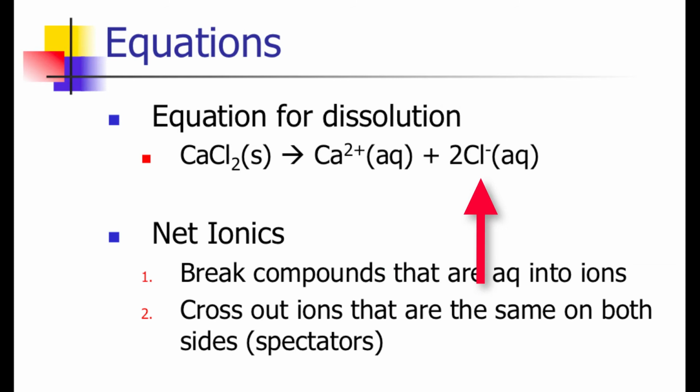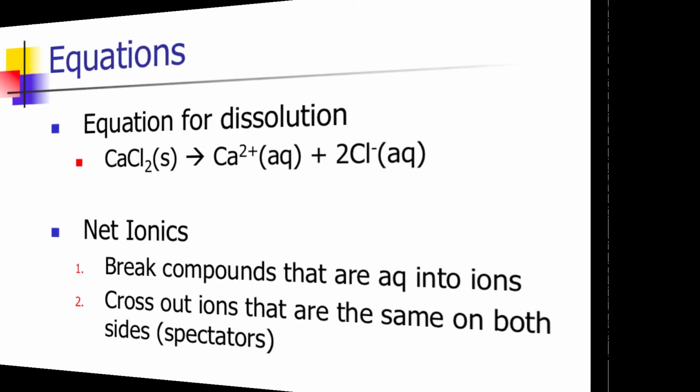So 1 molecule of calcium chloride will produce 3 ions. So if I had 1 mole of calcium chloride, I would make 1 mole of calcium ions and 2 moles of chloride ions for a total of 3 moles of ions. This is very, very important, especially in the next chapter. So just make sure that you understand that you could take 1 mole of an ionic substance and come up with more than 1 mole of ions.